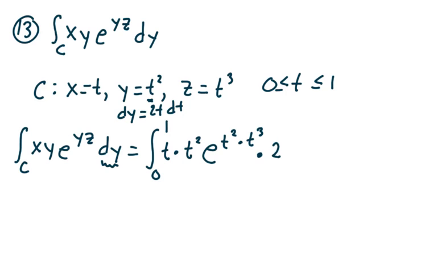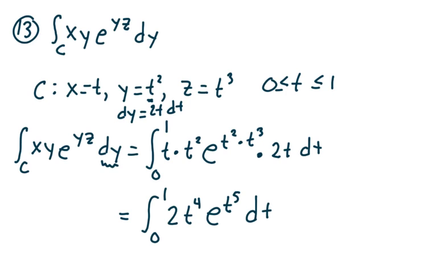So I'm going to write 2t dt. So this is the integral from 0 to 1. T squared times t is t cubed. T cubed times t is t to the fourth. So I get 2t to the fourth e to the t to the fifth dt.